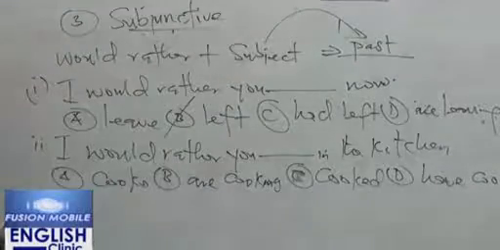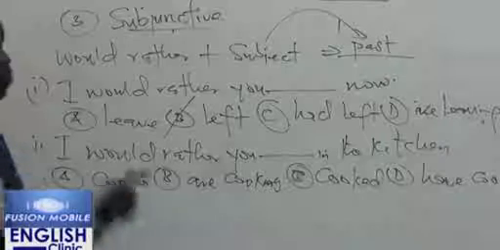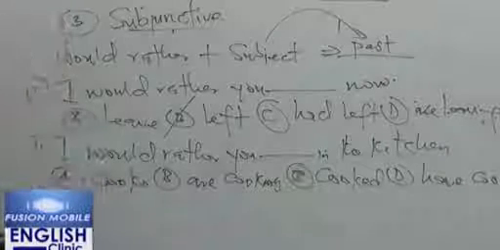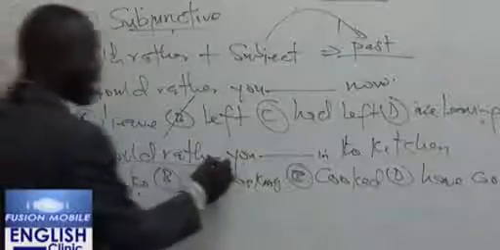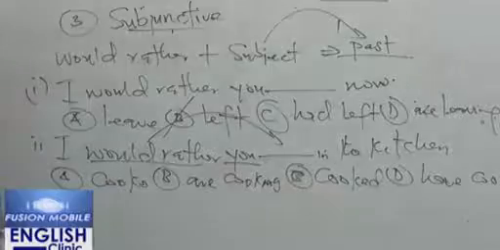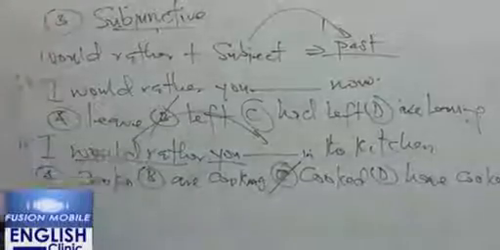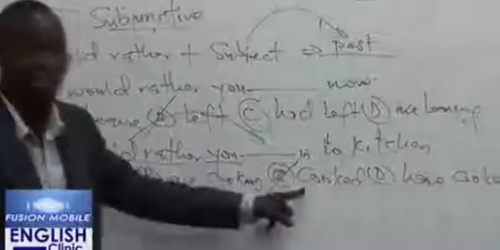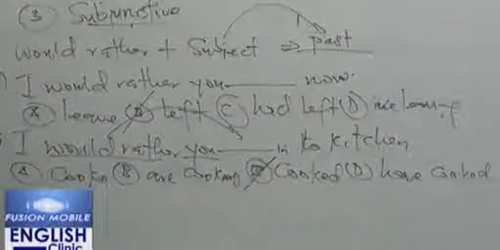Now, if we look at this example, we said anytime we have would rather plus subject, it should be followed by the past subjunctive. So here we have would rather, and the subject you. So the verb that must come after it must be the past tense. So I would rather you cooked in the kitchen. The answer here is option C.